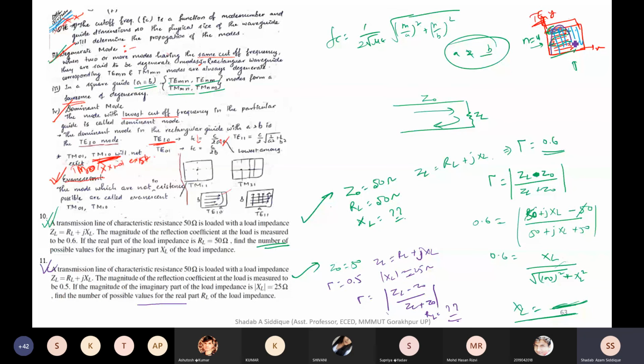I'll take it as this line. Now, how many max and min values are shown here? So we are having 2. So m equal to 2. So that means this is TE MN, TE24 is there. The mode number 24.